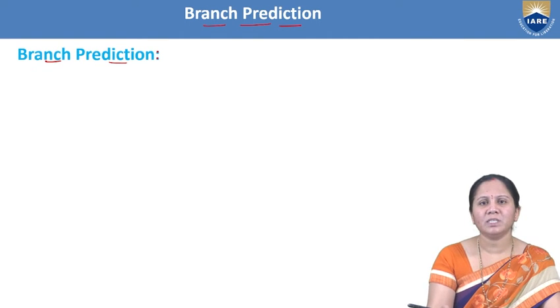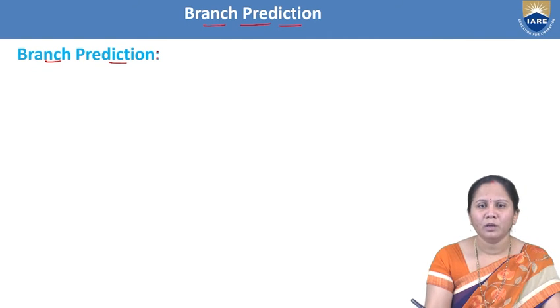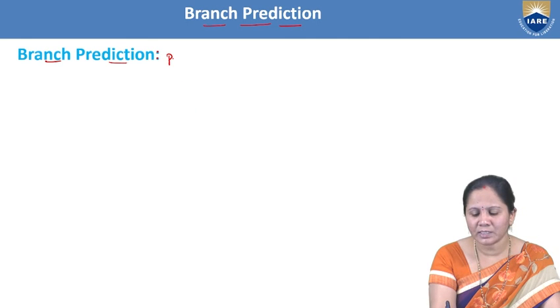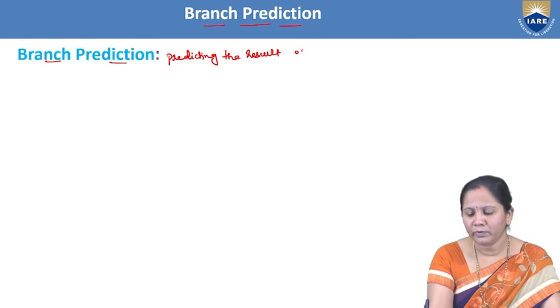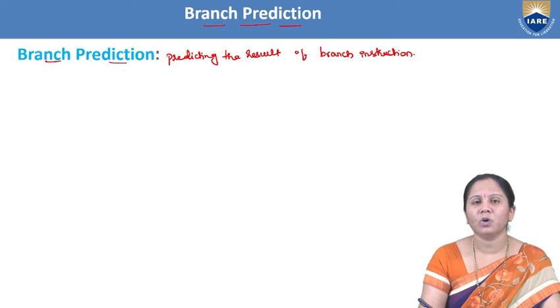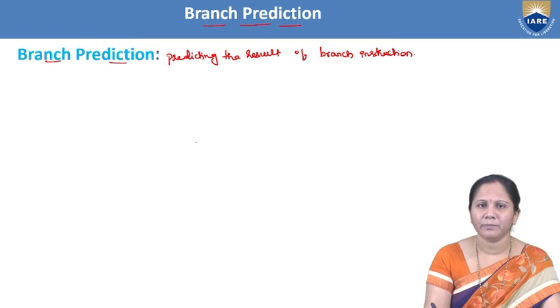That means beforehand we should know to where the control has to move. How can we know this beforehand? By seeing the history of the bits. So branch prediction means predicting the result of a branch instruction.